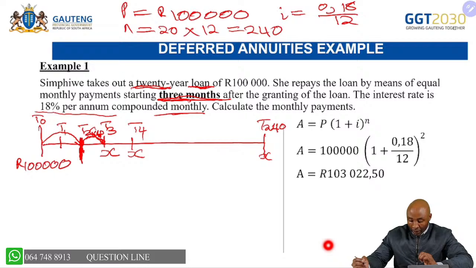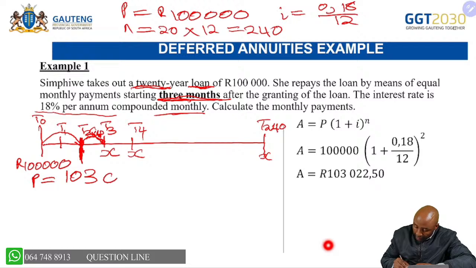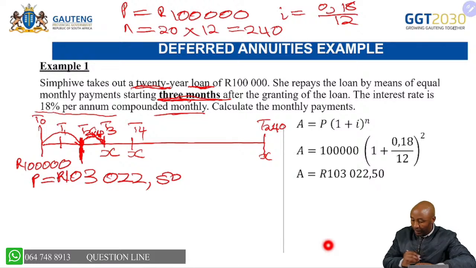Now, we are going to use the present value annuity formula because we now have our new loan amount. So our present value will now be 103,022.50. It's money, it's always to 2 decimal places.